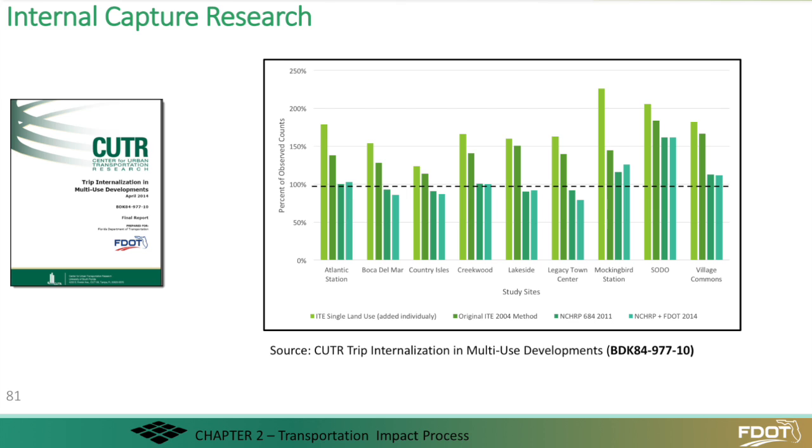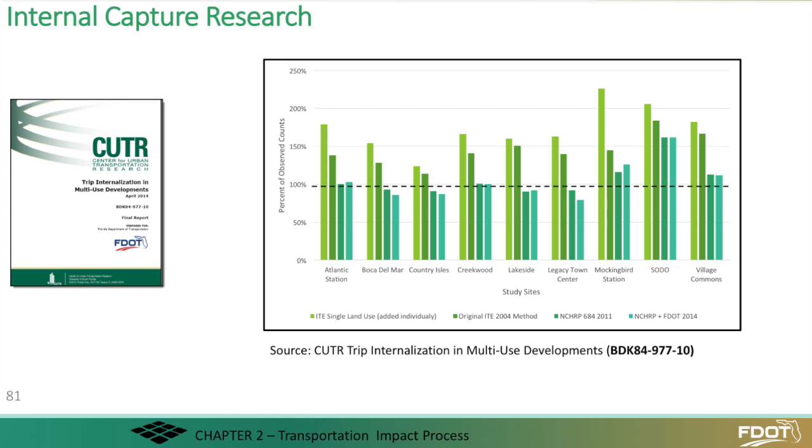So CUTR did the comparison to NCHRP and also to the data done in 1993 for District 4, and then they used 100% as a margin so they can compare all these studies and locations.